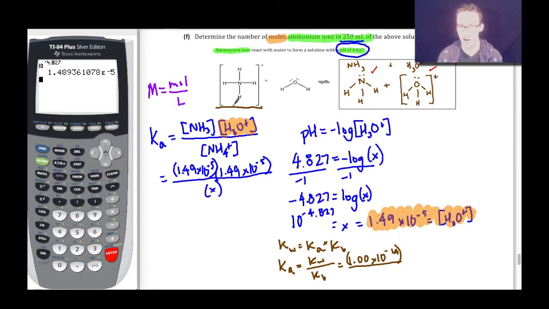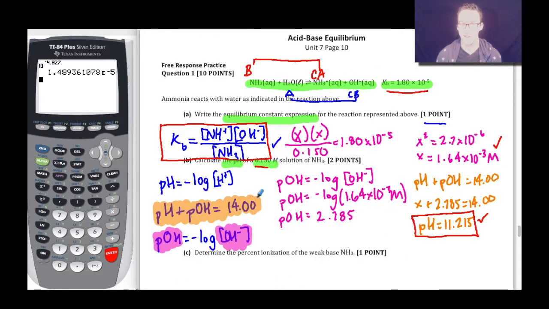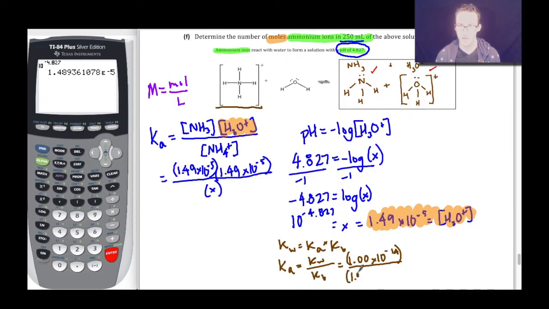I wonder where I can find the Kb value for its conjugate base, which is ammonia. It's not given to me in part D or F. We have to go back to the very first part of the question. Remember this Kb value from the very beginning? That Kb value is the Kb value for ammonia, which just so happens to be what we're looking for to solve this problem.